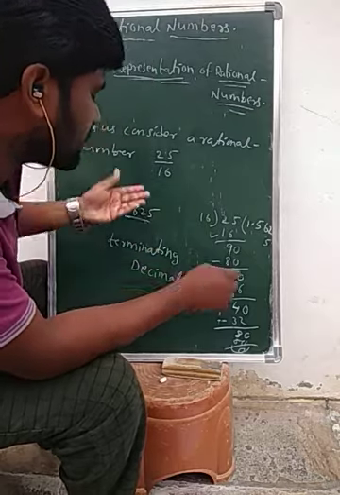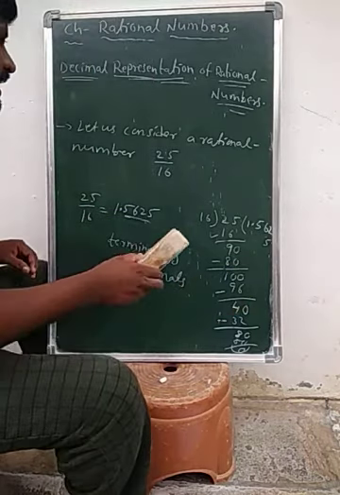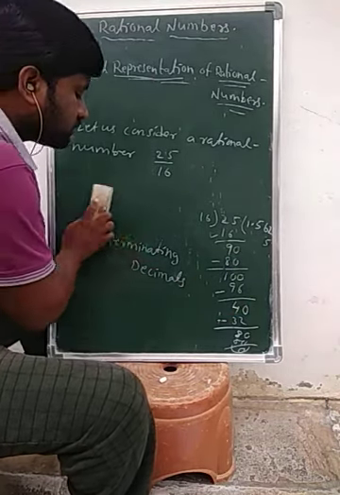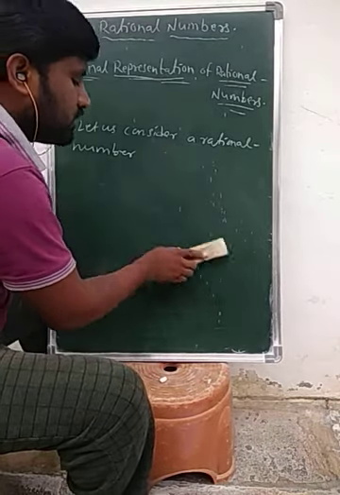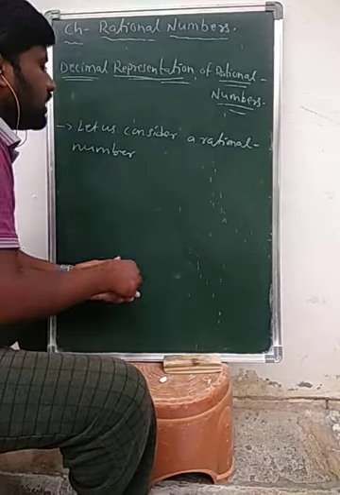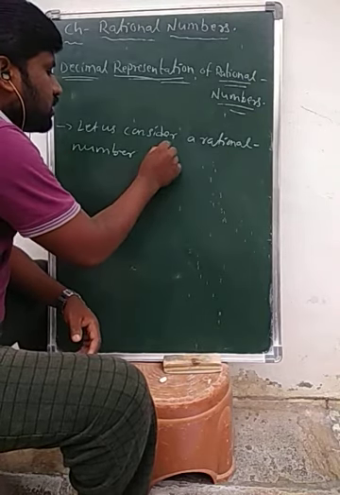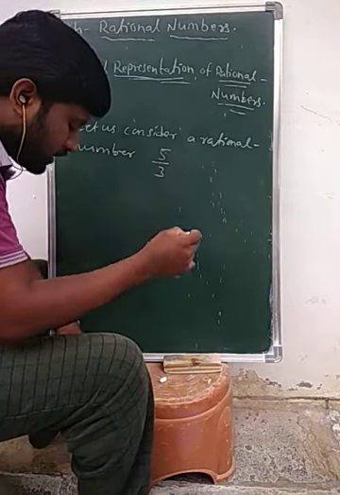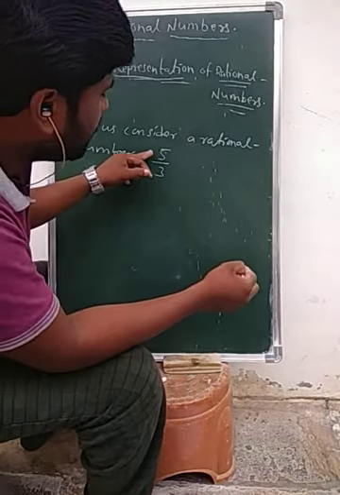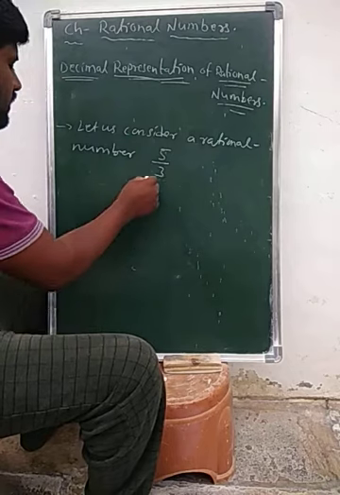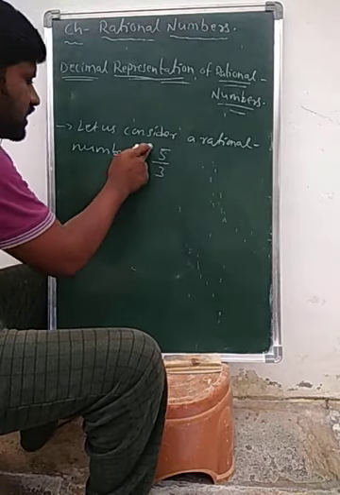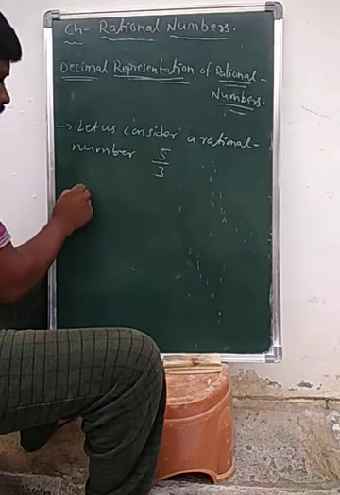Now go to the next one. I am considering the next example. Let us consider a rational number 5 by 3. Now 5 by 3 is also a rational number. Now see its decimal expansion. How to write the decimal form of 5 by 3?